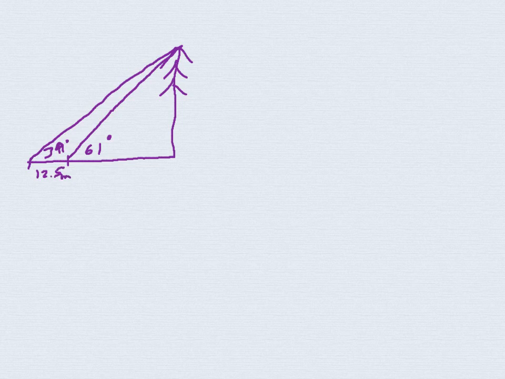Well, this is a tricky question because in order to find the height of the tree, let's call it h, we need to know both an angle and a side in our triangle. And we don't. For example, in our triangle that has a 61, we don't know the height and we don't know the adjacent. Let's call that x.